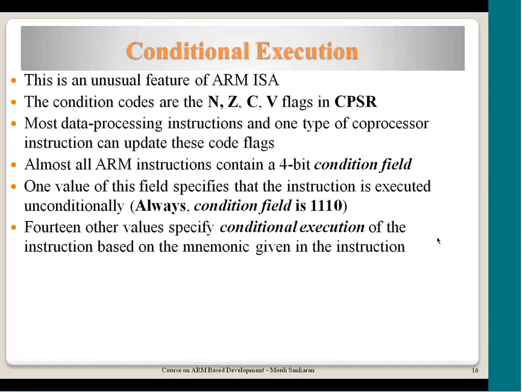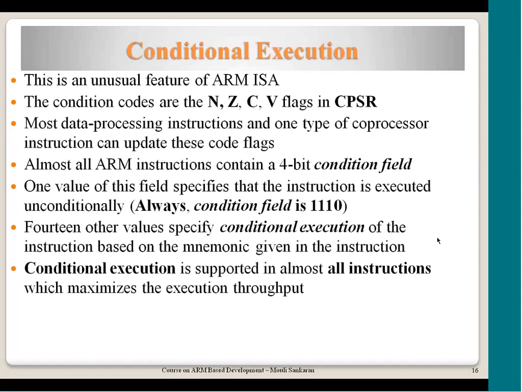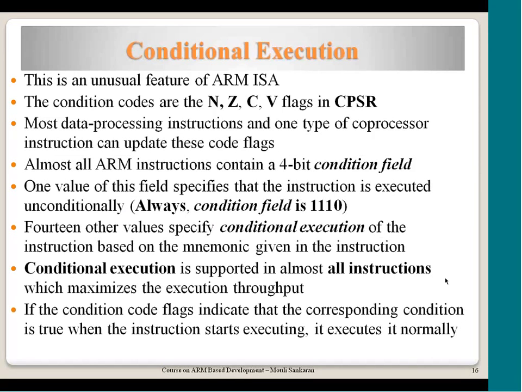The other 14 values of those conditional fields give you different conditions, which I showed you in the table. So conditional execution is supported in almost all instructions, which improves the throughput. I explained that in the previous slide. So if the condition code flag indicates that the corresponding condition is true, then that instruction starts executing.